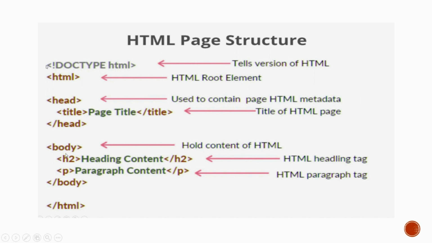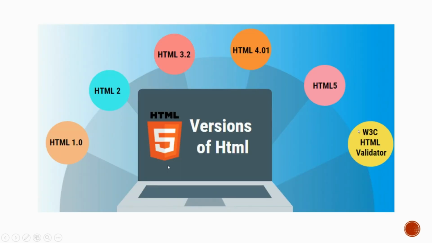Body holds the content of the HTML. Heading content uses the HTML heading tag. Paragraph content uses the HTML paragraph tag. Here are some of the HTML versions: HTML 1.0, 2.0, 3.2, 4.01, HTML5, W3C, HTML validator.